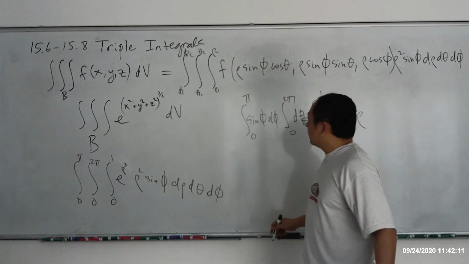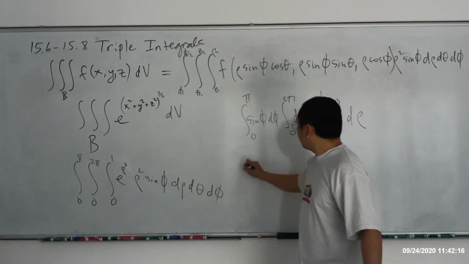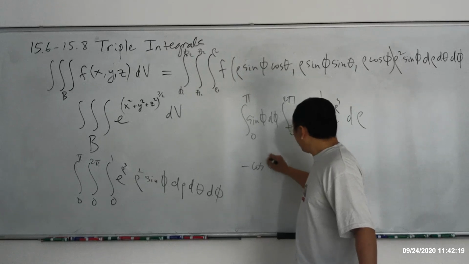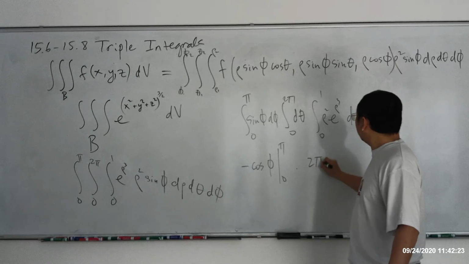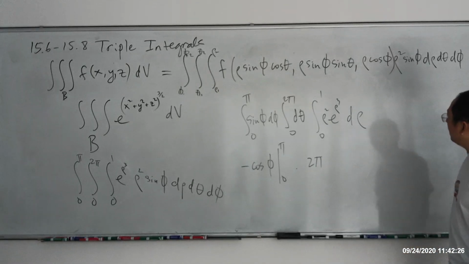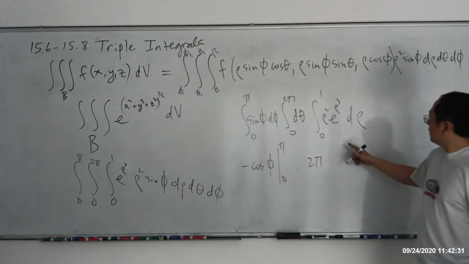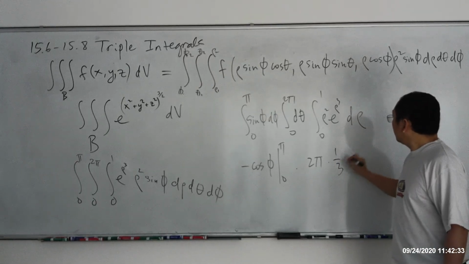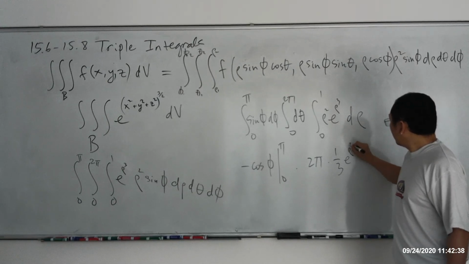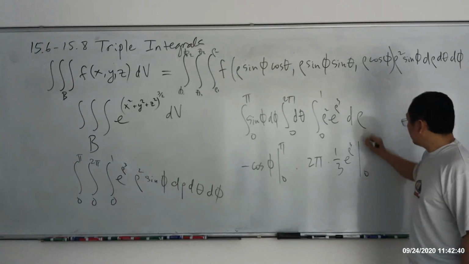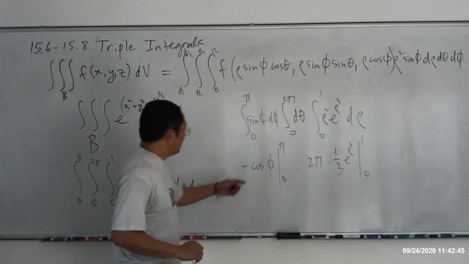And this one is what? The derivative of cosine is negative sine, so the antiderivative is negative cosine of phi, run from 0 to pi. And this is just 2 pi in here. The last one right here, you do a u-substitution, u equals rho cubed. So this is 1/3 e to the rho cubed, run from 0 to 1. And of course, plug in the numbers.